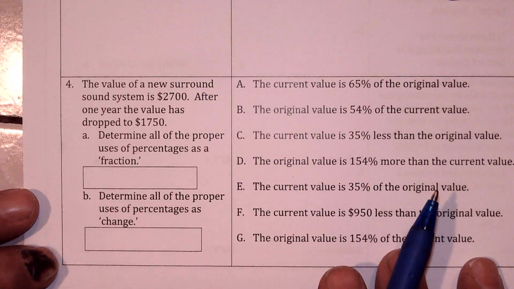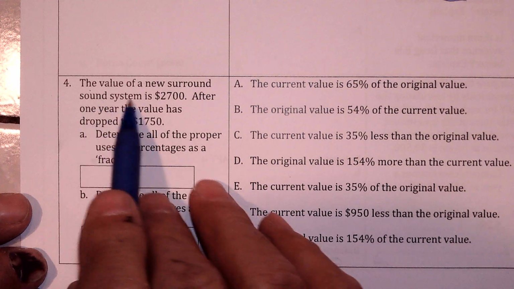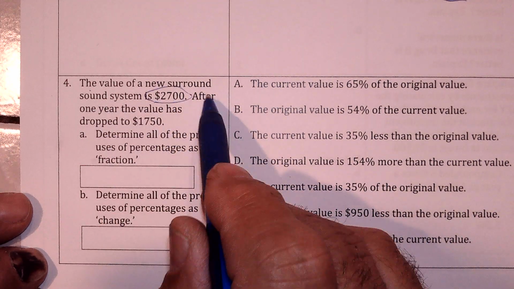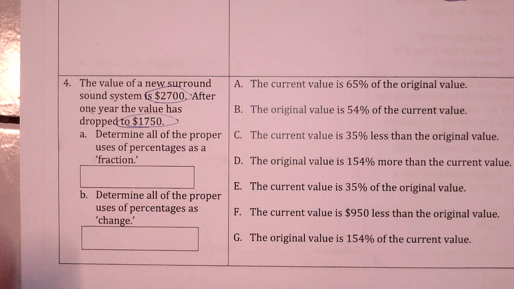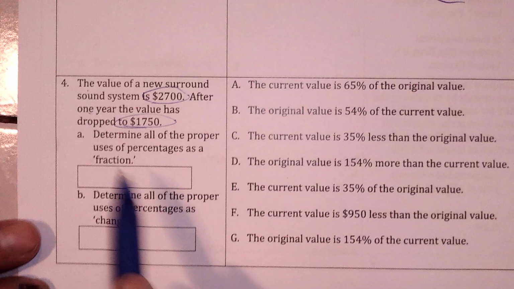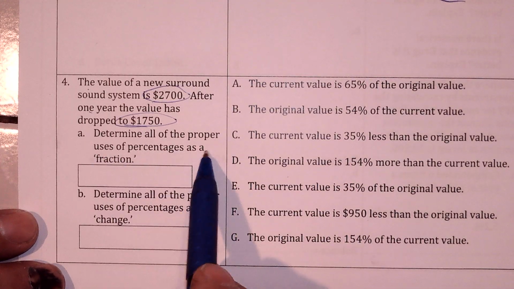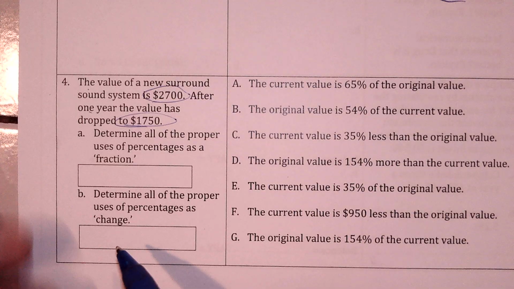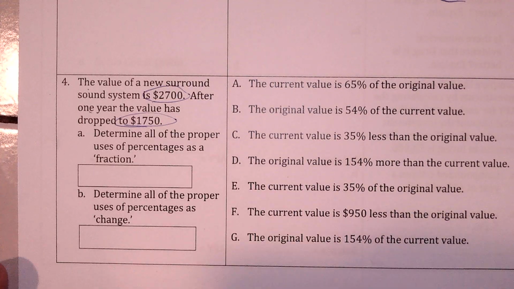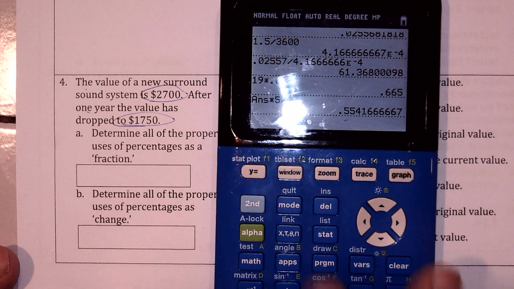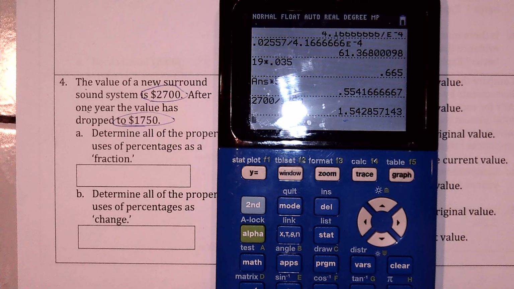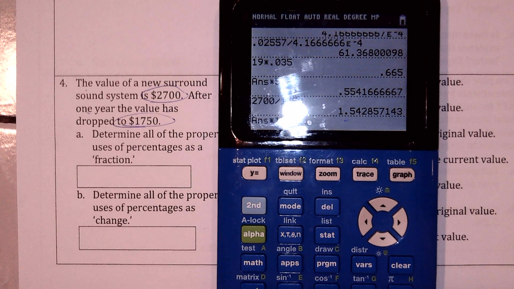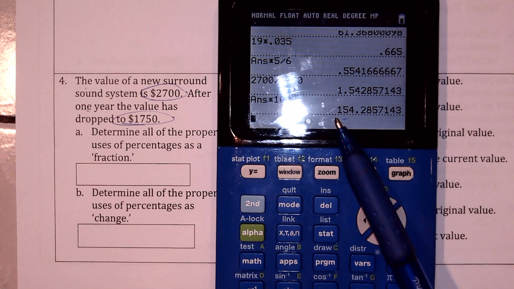Okay. The new surround sound system costs $2,700. After 1 year, the value has dropped to $1,750. Determine all the proper uses of percentage as a fraction. So, as a fraction, we could either do 2,700 divided by 1,750 times 100, and that would be 154%.